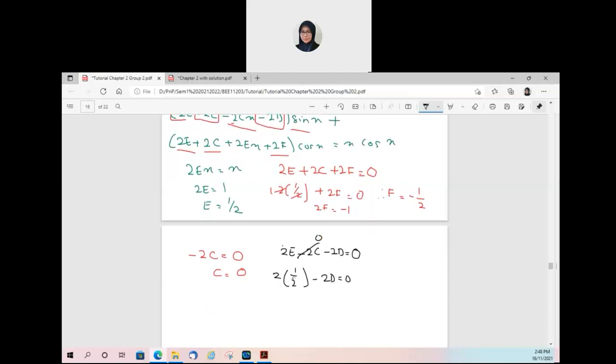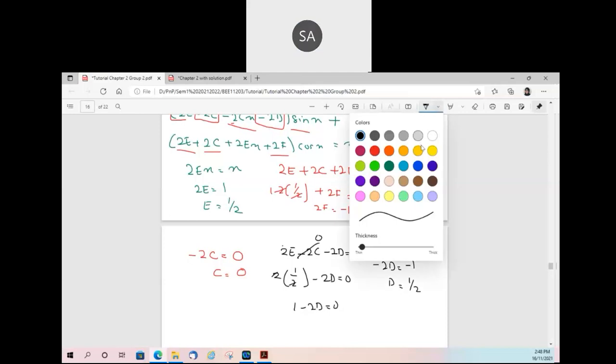And this one is 1 minus 2D equals to 0. Then minus 2D equals to minus 1. D equals to 1 over 2. Right, betul tak? Betul.